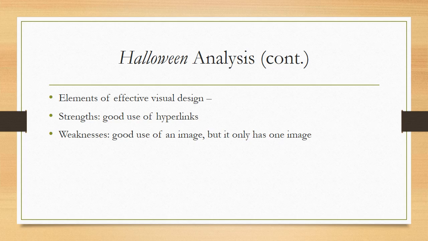Hopefully you have a really good idea of what a web article is now, as well as a cultural artifact, and how you want to talk about that in your paper, how you can use a cultural artifact to make an important argument about an important issue. How you could use a movie like Halloween to make an argument about parents' overprotectiveness is one example.